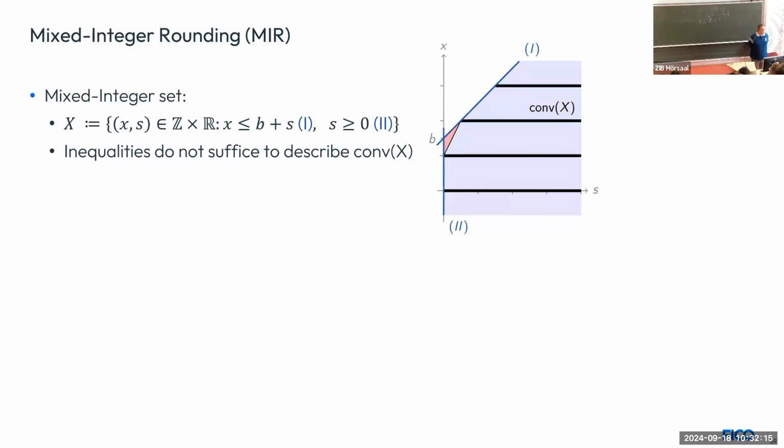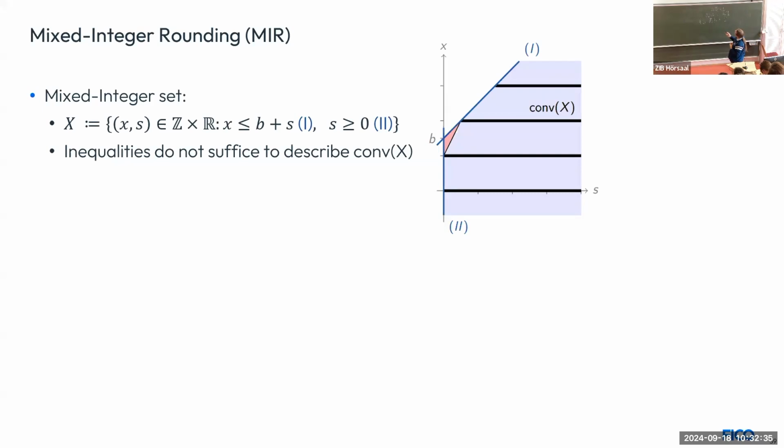Okay, let's come to the next class of general cutting plane algorithms. These are mixed integer rounding cuts, or MIR cuts. We consider a mixed integer set here. I start with the really most basic variant that you can imagine.